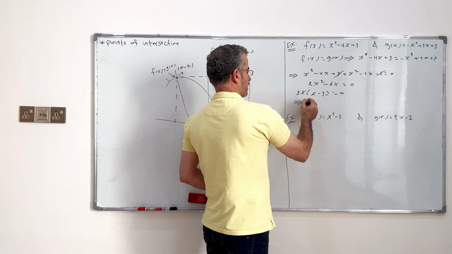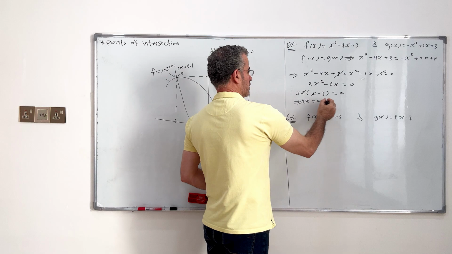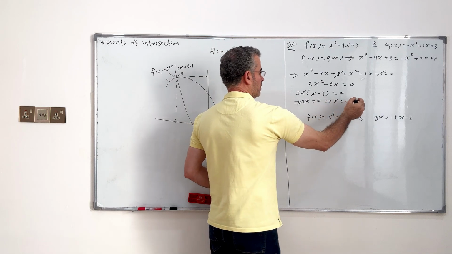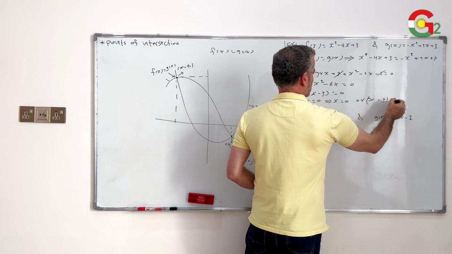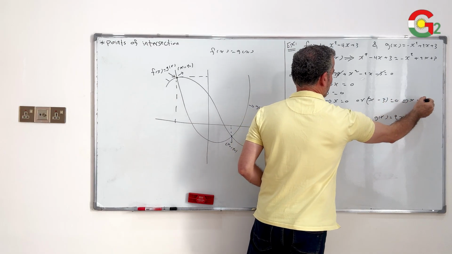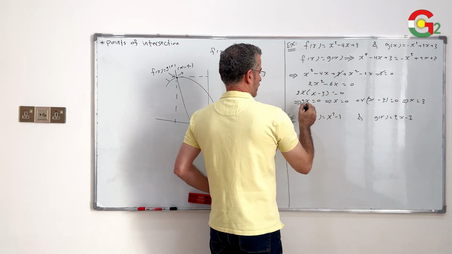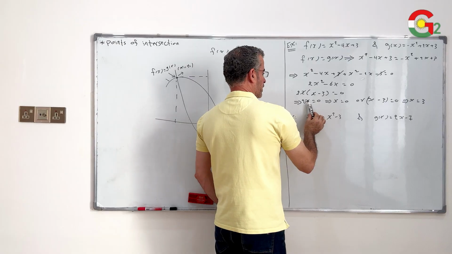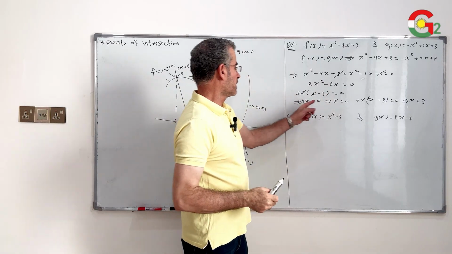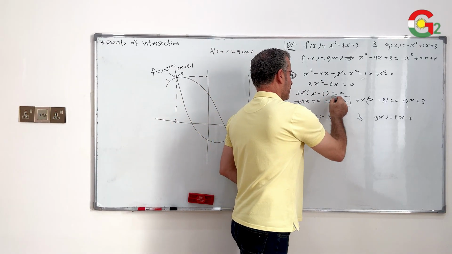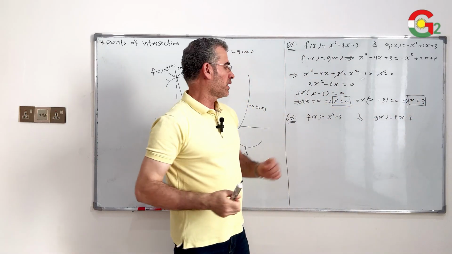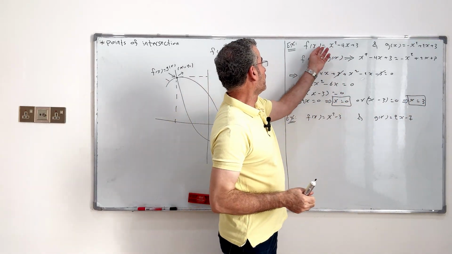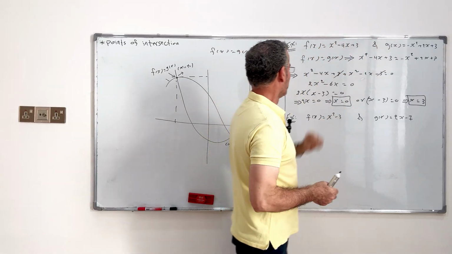This gives me either 2x equals 0, then x will be 0, or x minus 3 equals 0, then x will be 3. Then there are two intersection points, x equals 0 and x equals 3. To find y coordinates, substitute 0 in either f of x or g of x.